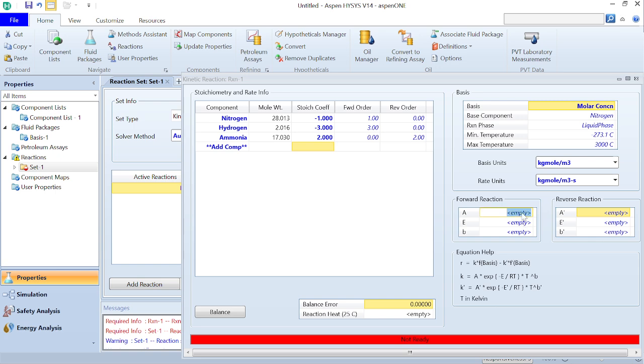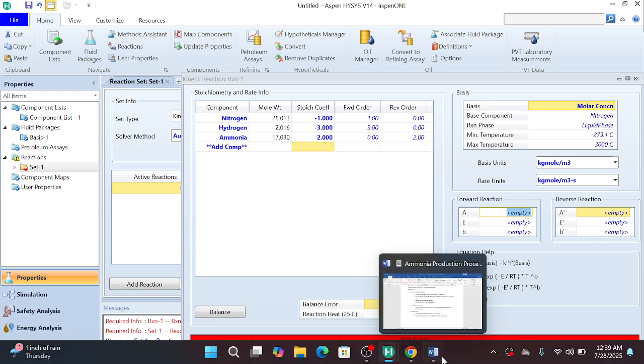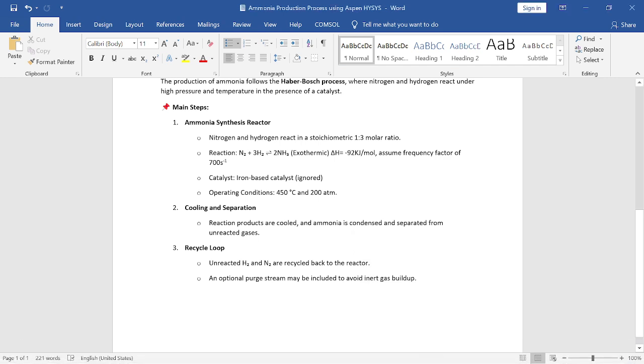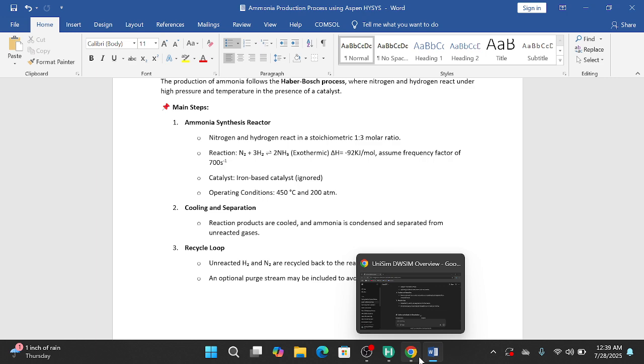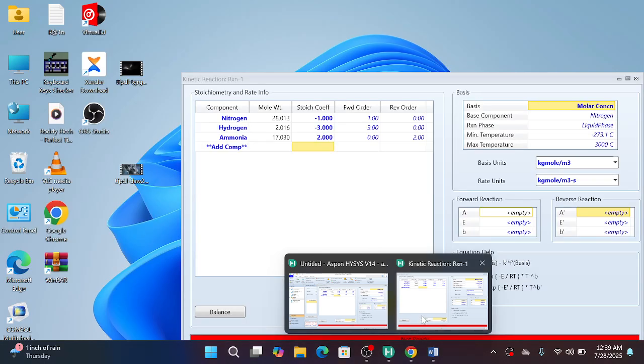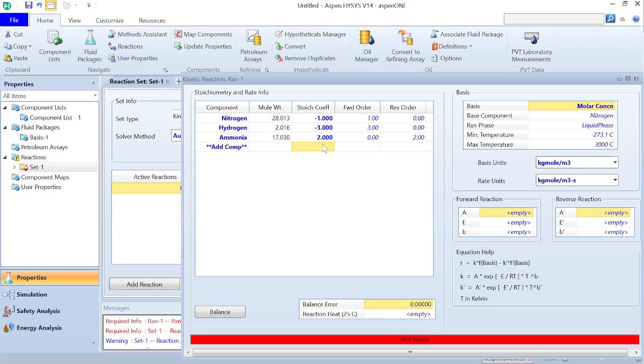In order for us to have this, the question told us we should assume our frequency factor as 700 per second. So we put 700 in. We have 92.0. Leave this at that.